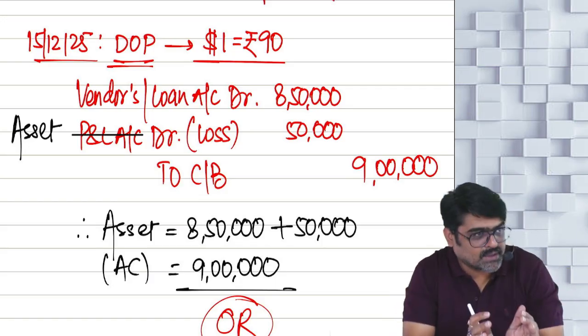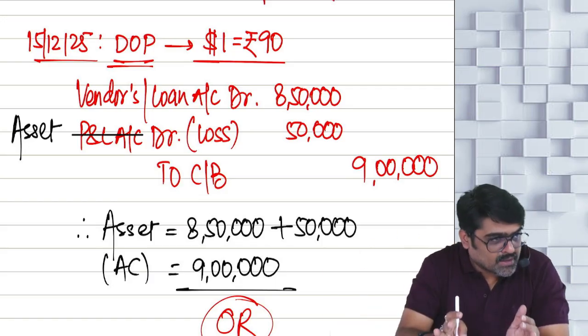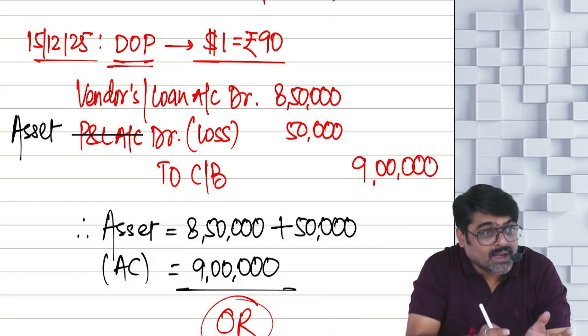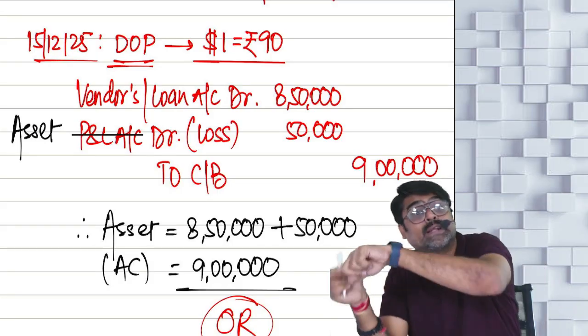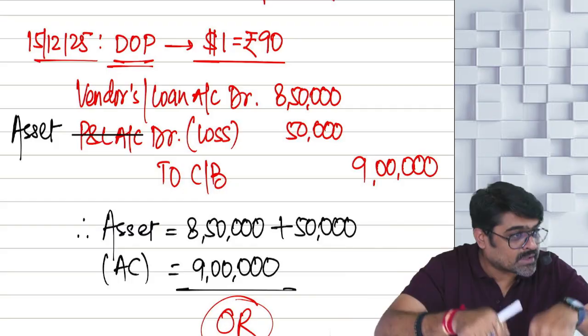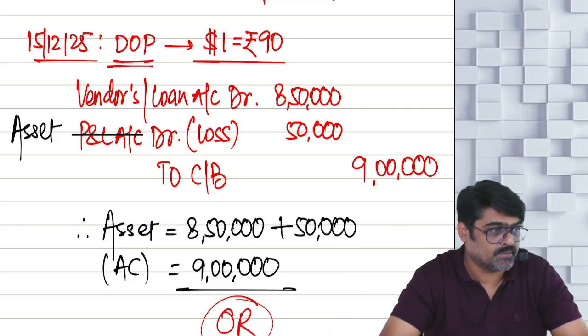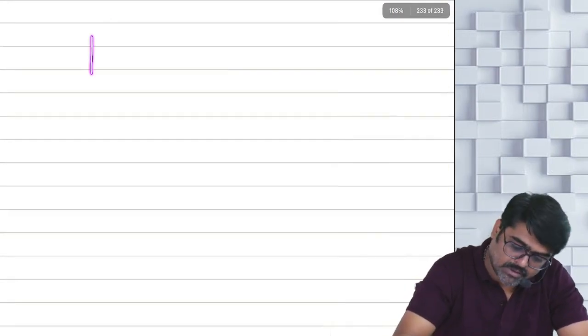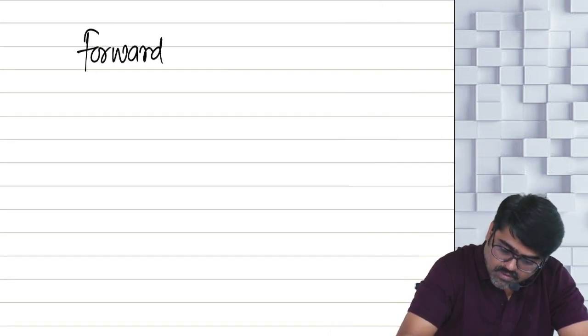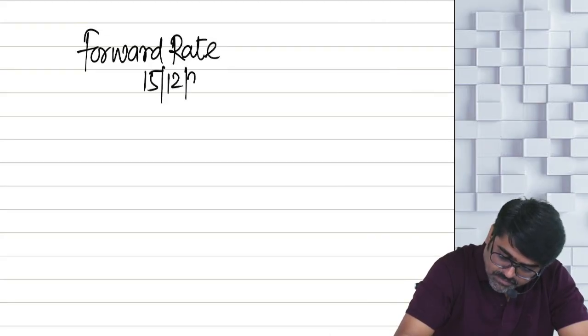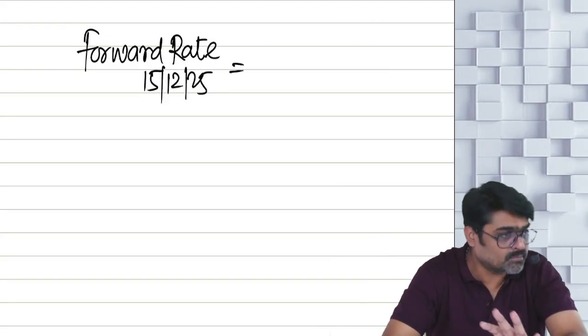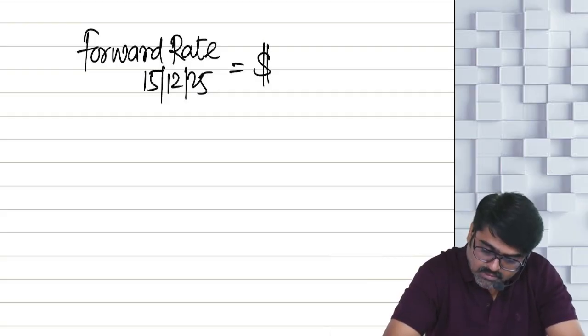In that contract, you enter with the bank to buy foreign currency at a forward date, that is why this contract is known as a forward contract. Now what was the forward rate fixed? Let's say the forward rate for 15th of December 2025 fixed with the bank was $1 is equal to rupees 88.